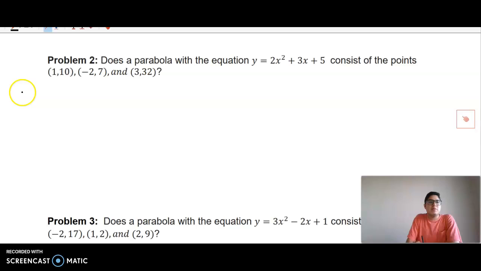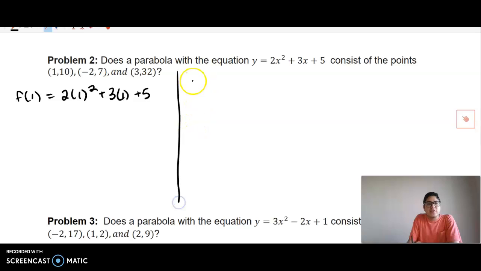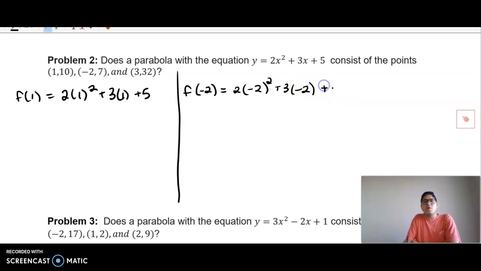So let's look here at problem 2. I want f of 1. So anywhere I see an x, I'm going to replace it with a 1. So I will do that for you. Okay, that's going to be your first coordinate check. Then we need to check f of -2. And remember, anywhere I see an x, I'm replacing with a -2. But on top of that, I'm also keeping it in parentheses because I want to keep the signs consistent.